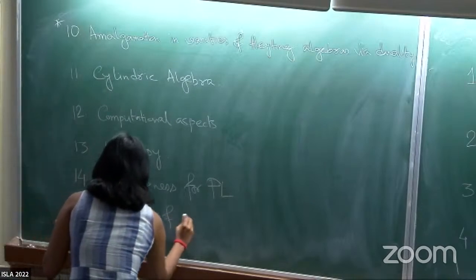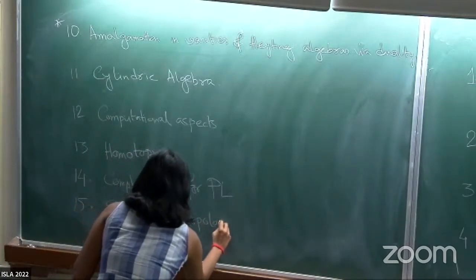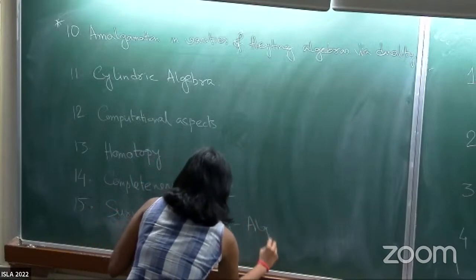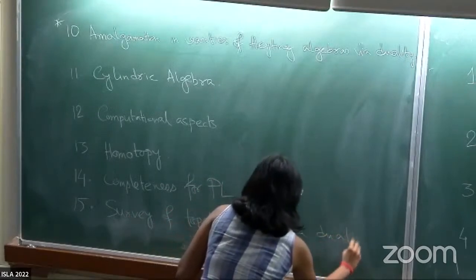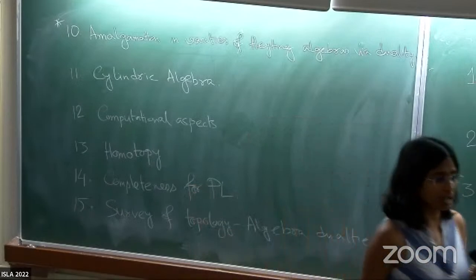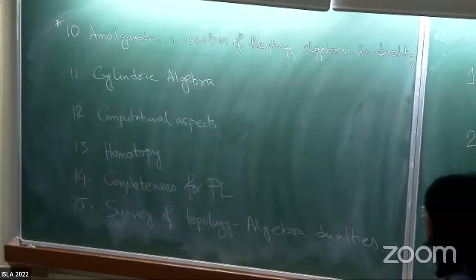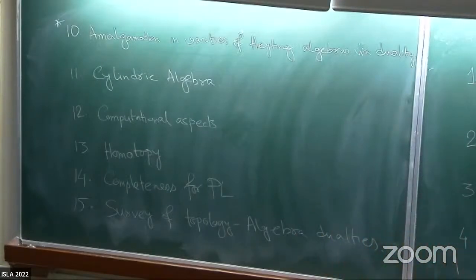topology. That means you will go through some of the dualities. You already heard of one, Stone duality. We are going to learn about Priestley duality and Esakia duality throughout our lectures.